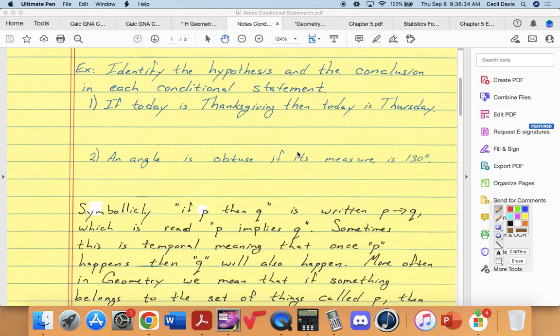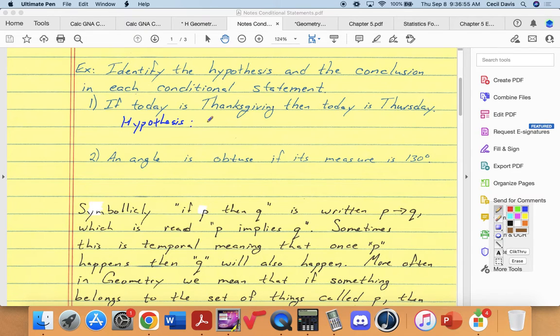Okay? So, the hypothesis here is the part after the if. It does not include the word if, ever.